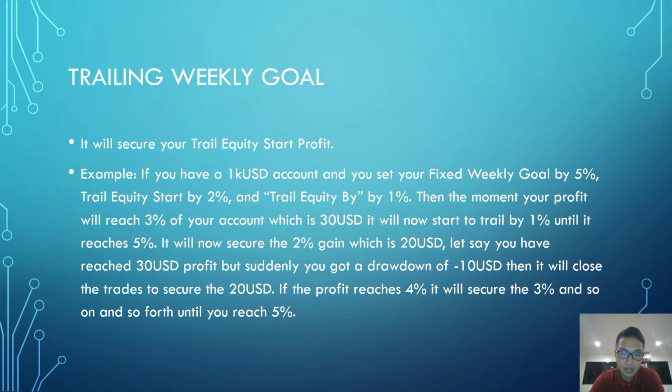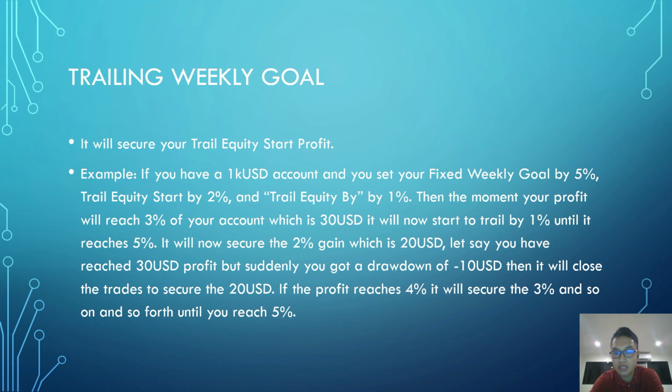So at 3%, it will secure your 2%, which is 20 USD. Let's say you have reached 30 USD profit, but suddenly you got a drawdown of negative 10 USD. Then it will close the trades to secure the 20 USD profit.